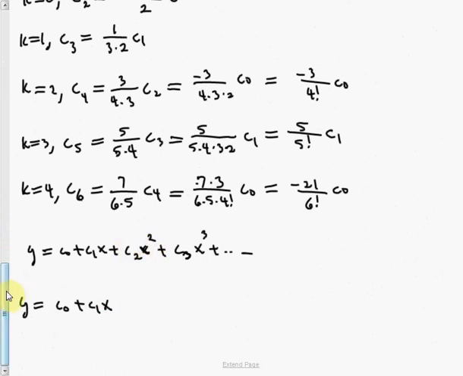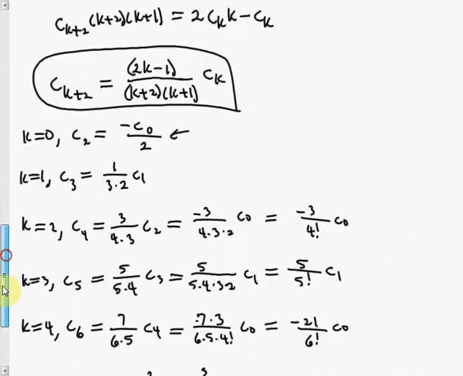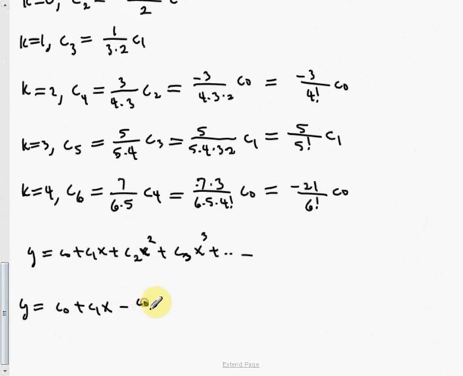But C sub 2 called up C naught. Well, C sub 2 is negative C naught all over 2. So we put that negative C naught all over 2 times x squared. C sub 3 calls up the C sub 1. So this is plus C sub 1 all over, let's write that as 3 factorial times x to the third. C sub 4 is this guy right here.